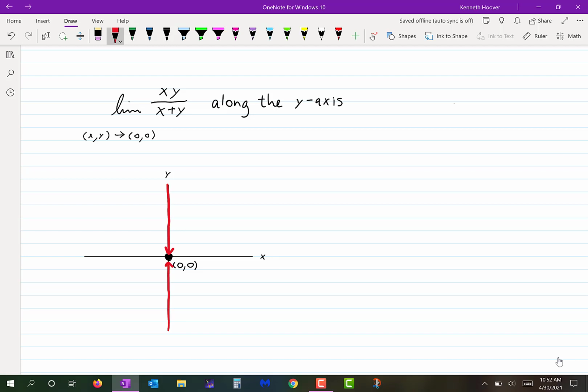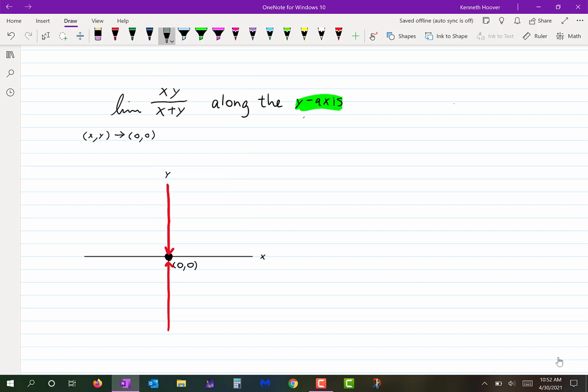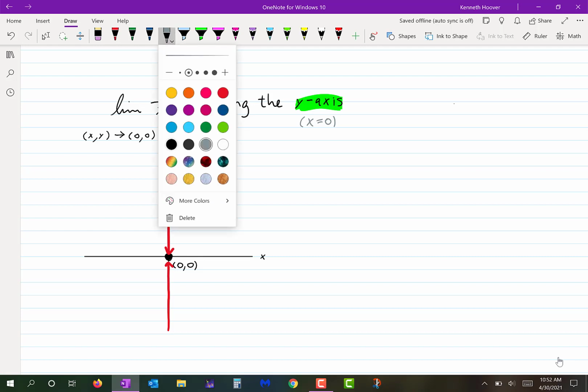That is not difficult. Let me show you how to do that. Look at this y-axis. What does y-axis mean? Being on the y-axis means that the x value is 0, right?